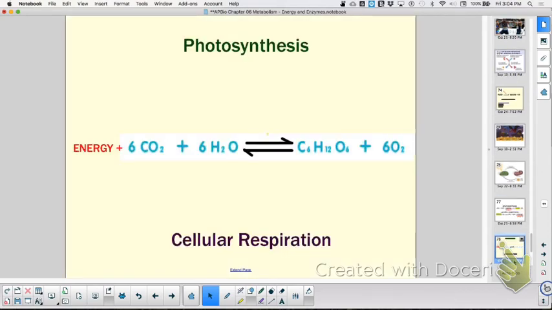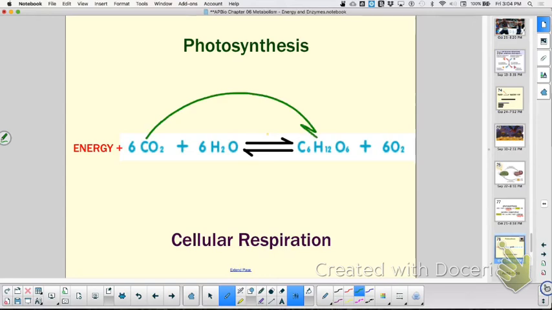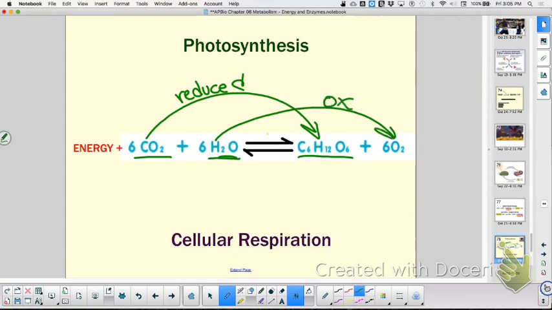And we brought it down into here. And we said here, in photosynthesis, when CO2 becomes C6H12O6, what has happened to the CO2? It got reduced. Whereas water gets oxidized.